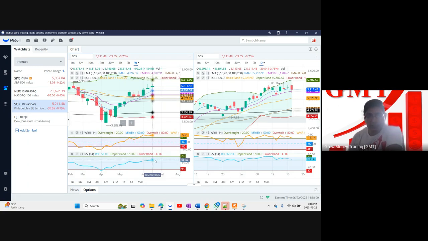For RSI, it has not reached that level. However, with the major tech indexes that we saw on SPX and NDX, you can easily expect downfall for semiconductor stocks as well.